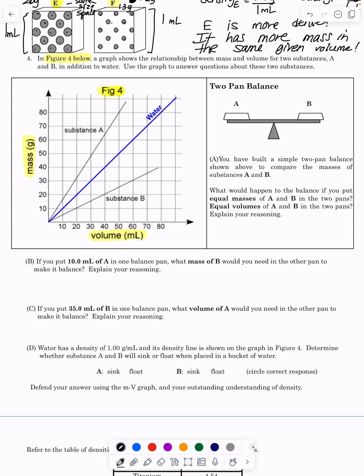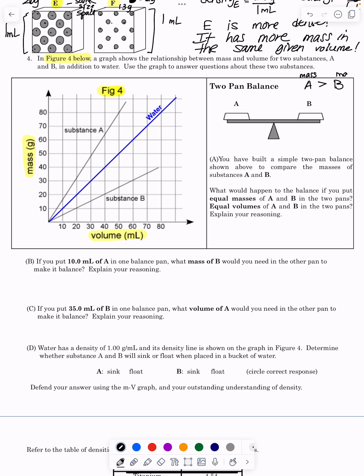So let's look at A. You have built a simple two-pan balance shown above to compare the masses of substance A and B. Now, to remind you, if you aren't familiar with a balance, it measures weight or mass.